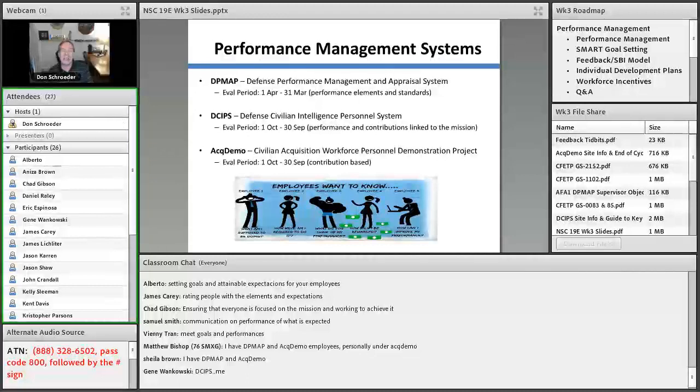So that's DPMAP. DCIPS, of course, is the Defense Civilian Intelligence Personnel System. When it comes to DCIPS, these are a lot of individuals, such as programmers, strategy research analysts, and whatever Gene is. I don't know what Gene does, but he's our only DCIPS person. Gene's going to type in and tell us what he does. DCIPS is basically on a fiscal year basis, so we have 1 October to 30 September.